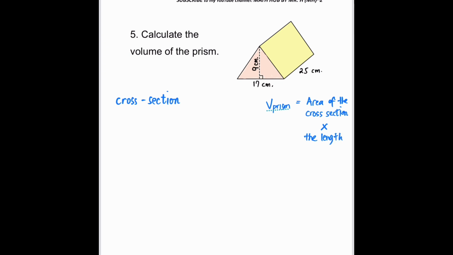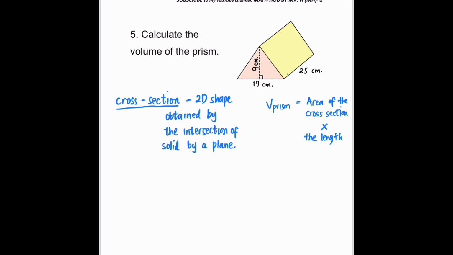Going back to the term cross-section. So what is a cross-section? A cross-section is the two-dimensional shape obtained by the intersection of a solid by a plane, right? So imagine this. This is actually a triangular prism.